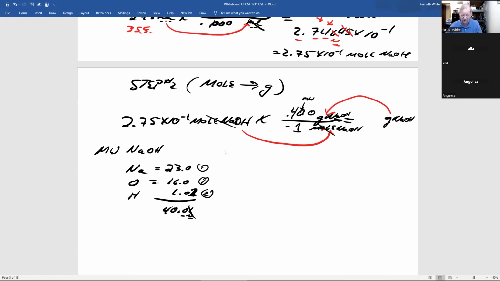And I got this number. This is rare. And this is 3 significant figures, 3 significant figures, exact number. And this is only 2 significant figures. So how do I make it 3? Simple. Add a 0 at the end. And that's how you do it.